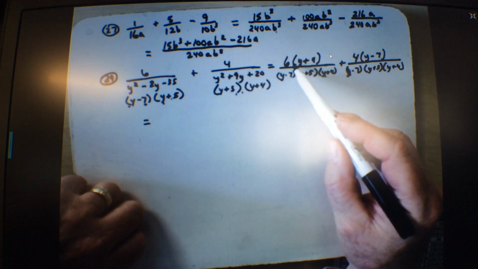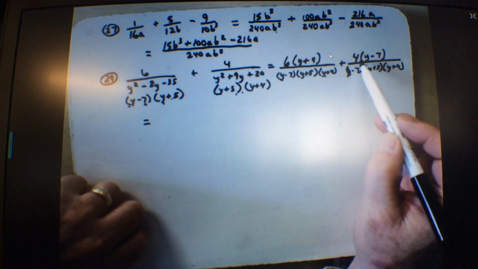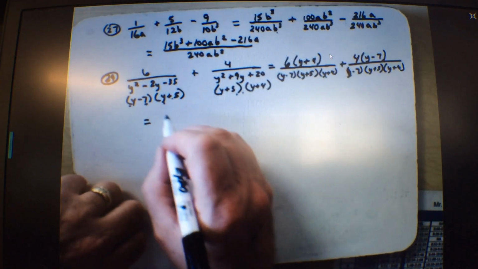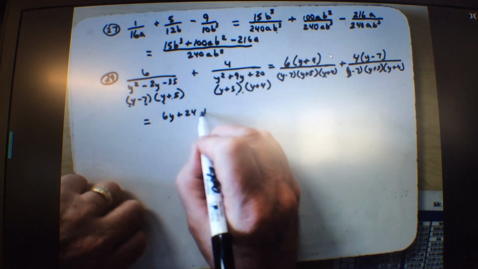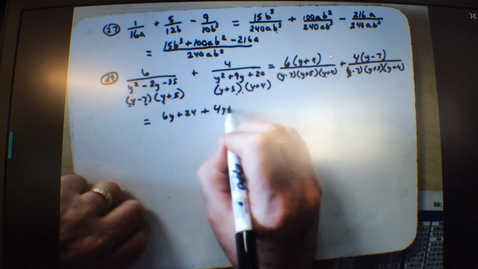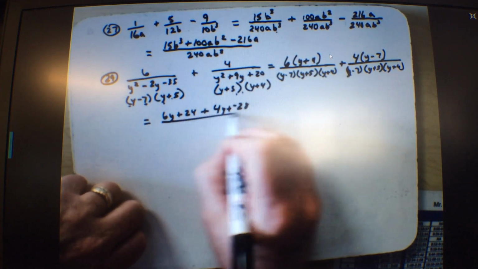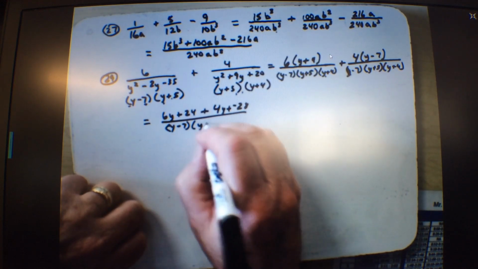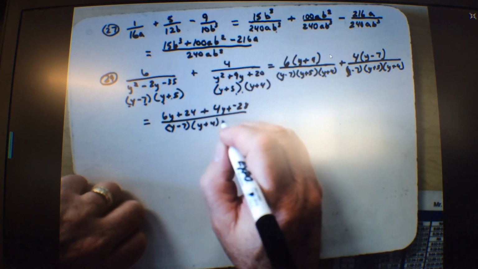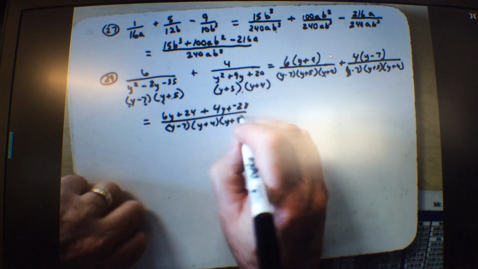Now you're going to distribute the 6, and you're going to distribute the 4. So 6y plus 24 plus 4y plus a negative 28 all over y minus 7, y plus 4, y plus 5.